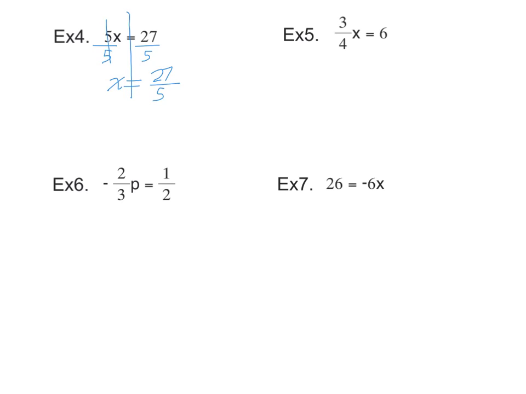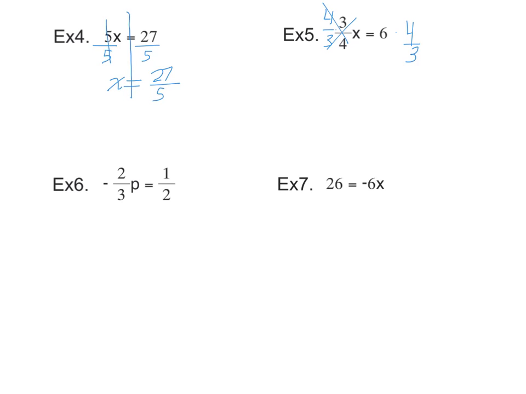The next one, x is now being multiplied by 3/4. So I'm going to go ahead and divide both sides by 3/4. However, if you remember, division by a fraction is the same thing as multiplying by the reciprocal. So I'm going to make use of that fact. I'm going to multiply by the reciprocal on both sides. That means the left gets multiplied by 4/3, and so does the right.